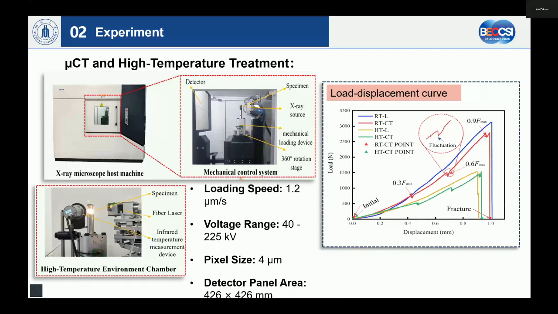The two lines without fluctuations represent the specimens that were directly pulled apart to determine the maximum tensile force. Subsequently, the specimens that underwent CT scanning were imaged at the initial state, 30% of the maximum tensile force, 60% and 90% of the maximum tensile force, and after being pulled apart.